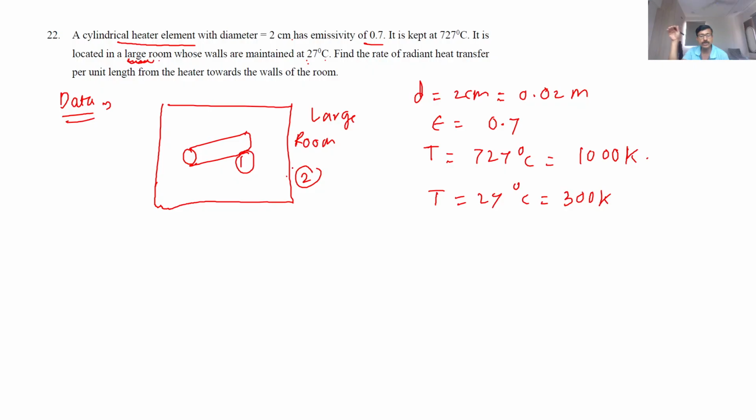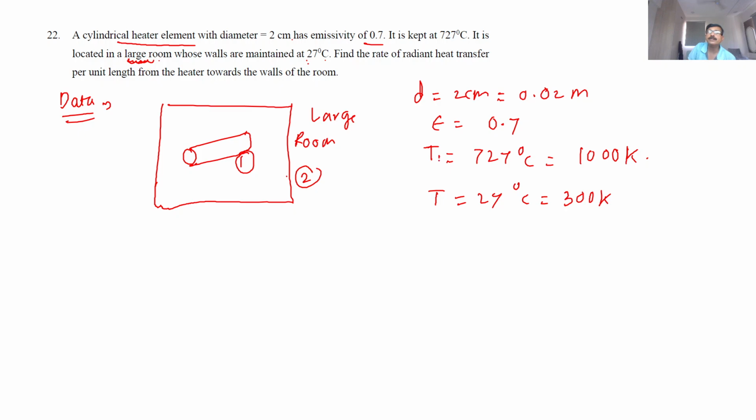Whatever is inside is 1 and whatever is outside is 2, because formulas are derived on the basis of that assumption, and we use those formulas to do the calculation. Innermost is 1 and outermost is 2 when one body is covering another body.